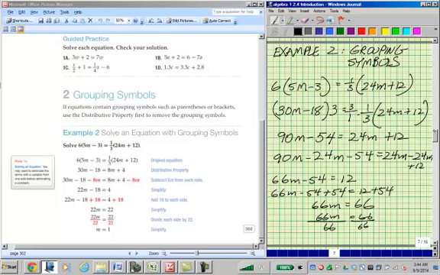A technique that I would like you to consider using is, after you've distributed the 6, so you got 30m minus 18, multiply both sides by the multiplicative inverse of 1/3 to turn it into 1. So multiply the right side by 3, the right parenthesis by 3, and the left parenthesis by 3. This eliminates any potential fractions.